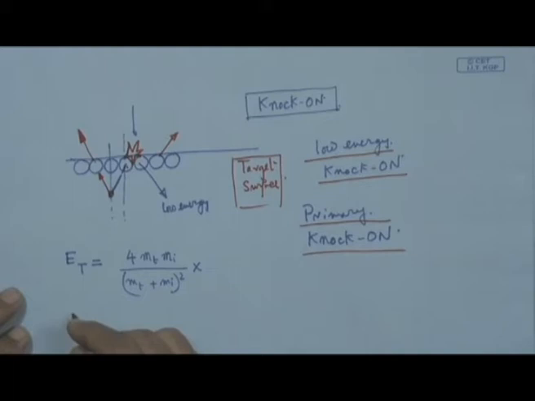And the energy with which the ion will be reflected from this surface will be given by (MT minus MI) by (MT plus MI), that is whole square, into the input energy of the incoming species, that means the energy of the incident ion.